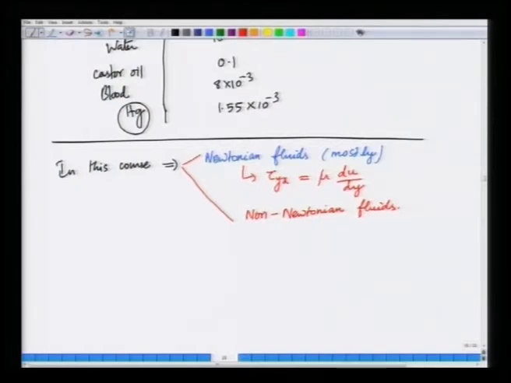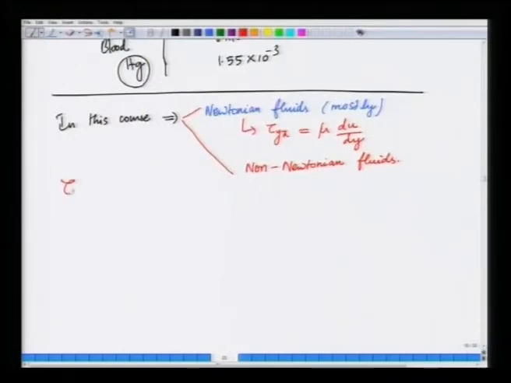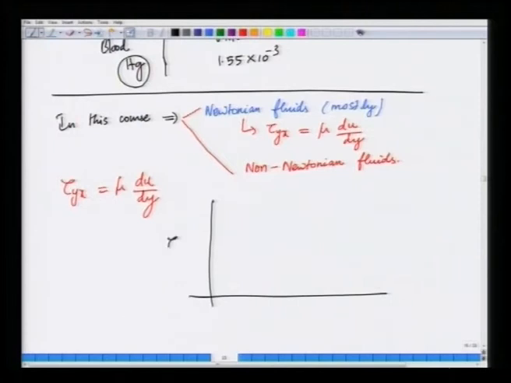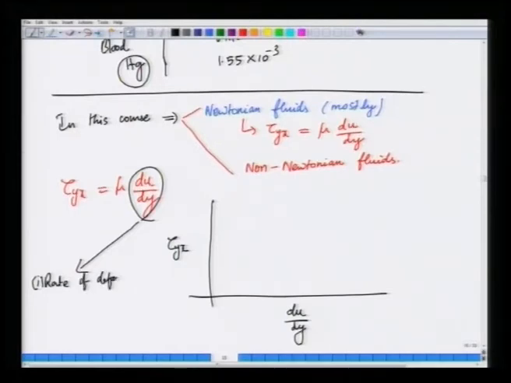Now what this is saying is, if tau yx is mu du/dy, and you do this experiment in a lab and plot the data for tau yx versus du/dy, this is variously called the rate of deformation, because it is the rate at which the fluid deforms. Since we showed the rate of deformation is equal to the velocity gradient, it is also called the velocity gradient.